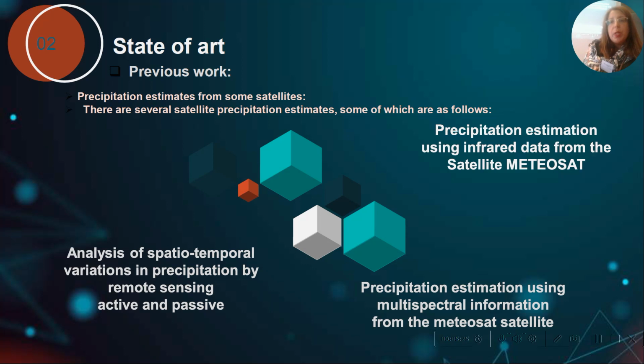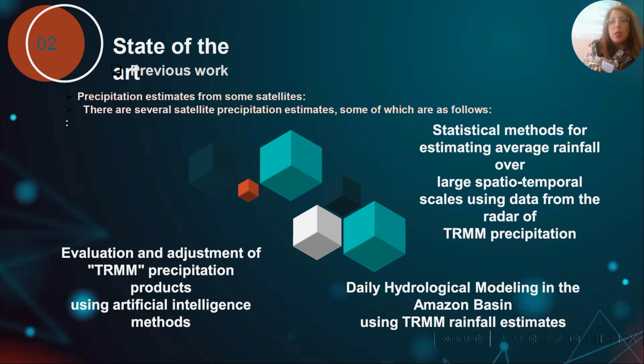We can quote: precipitation estimation using infrared data from the Meteosat satellite, analysis of spatio-temporal variation in precipitation by remote sensing, active and passive, precipitation estimation using multispectral information from the Meteosat satellite, statistical methods for estimating average rainfall over large spatio-temporal scales using data from the TRMM precipitation radar, daily hydrological modeling in the Amazon basin using TRMM rainfall estimation, evaluation and adjustment of TRMM precipitation products using artificial intelligence methods.